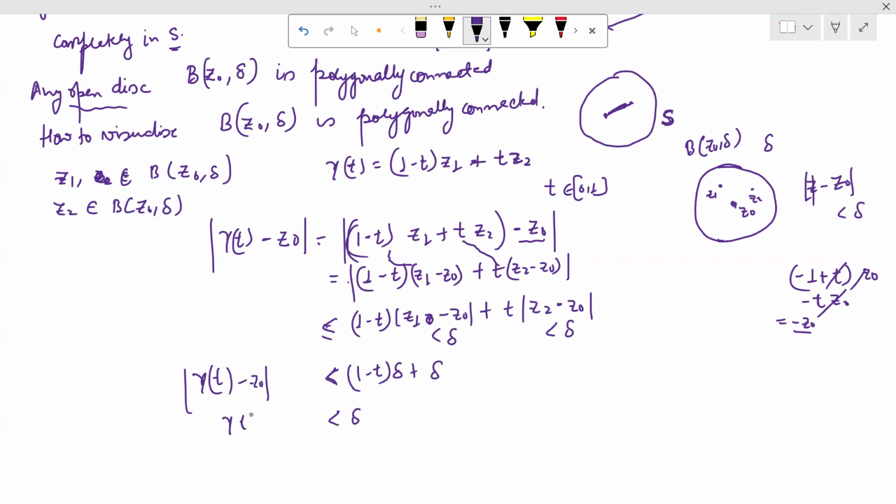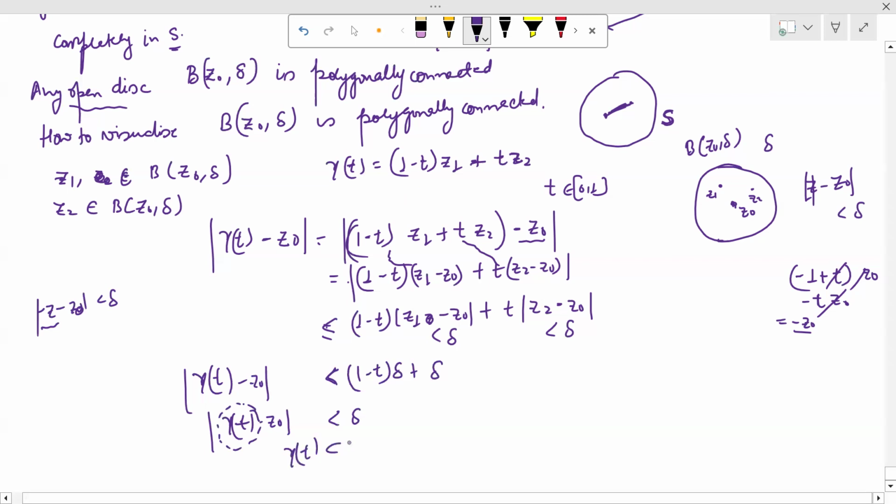What does it imply? I told you that if I'm writing modulus of z minus z0 less than del, it implies all those points whose distance from z0 is less than del. So it implies that gamma t is completely contained inside the disk. Is that clear?